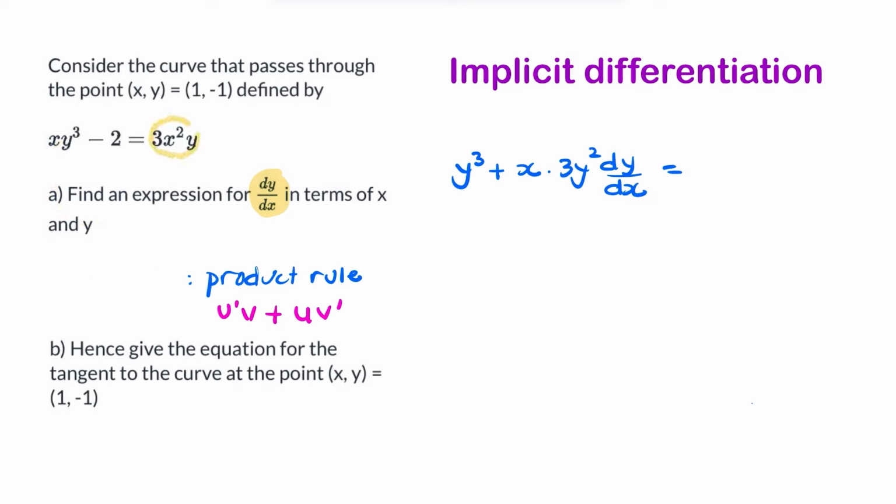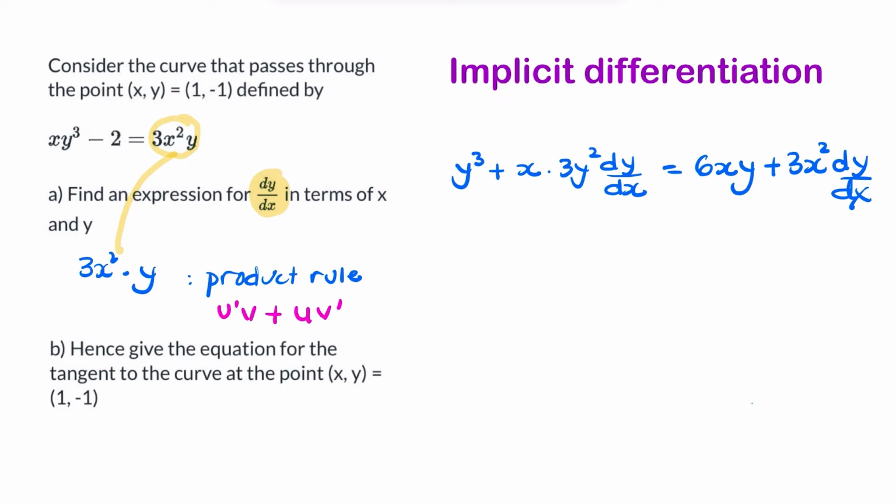So we treat that as a product of 3x squared and y. I'll differentiate the 3x squared, and that'll give me 6x. I'll multiply that by y, and then add 3x squared multiplied by the derivative of y, which is just dy by dx.